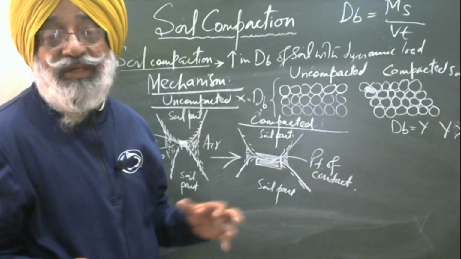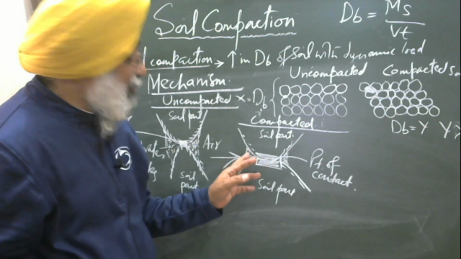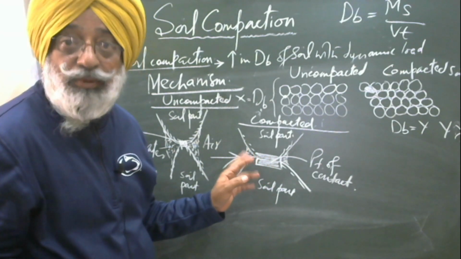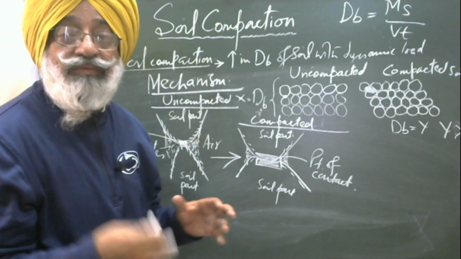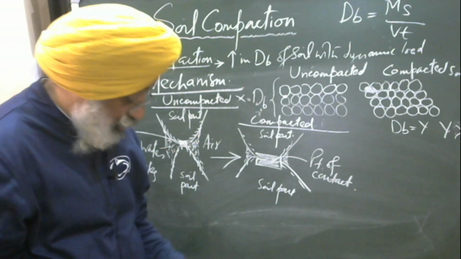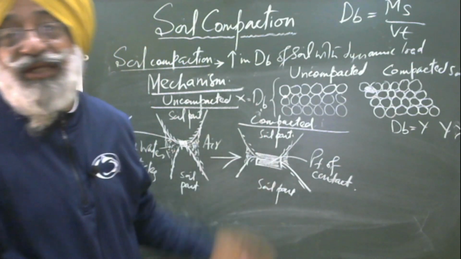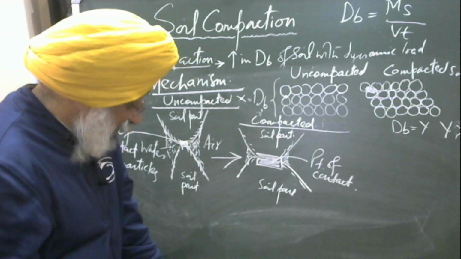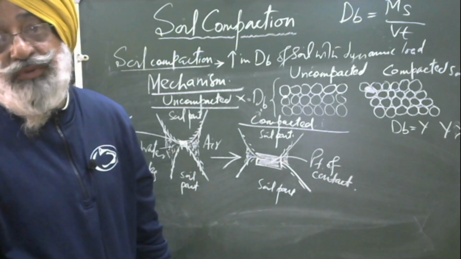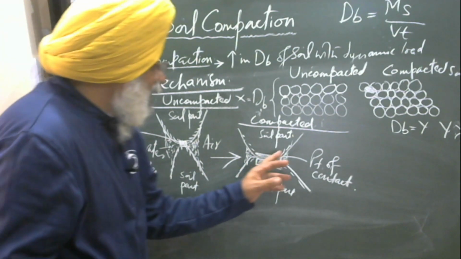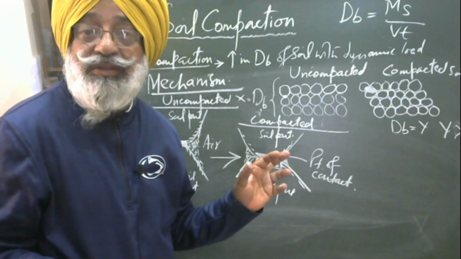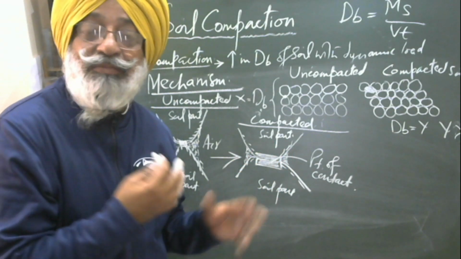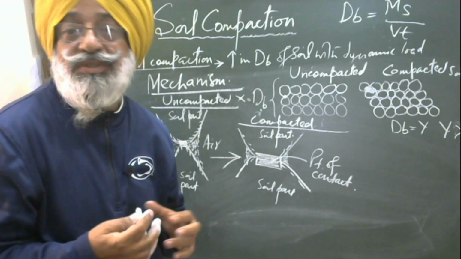The amount of liquid, as I said, may be forced out of the soil pores. That amount will depend upon the magnitude of the load: the higher the magnitude of load, the more, then the type of soil particles, and the bonding force or bonding energy between the soil particles and water molecules.